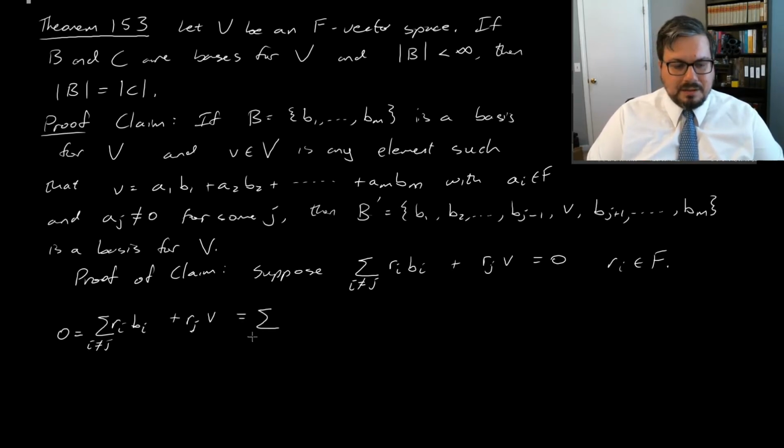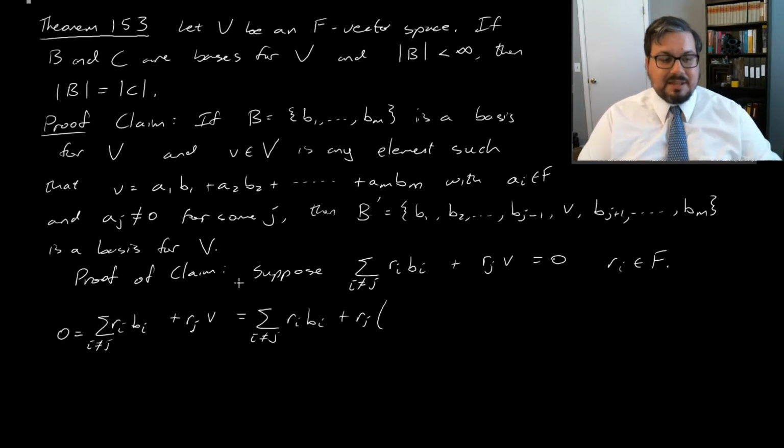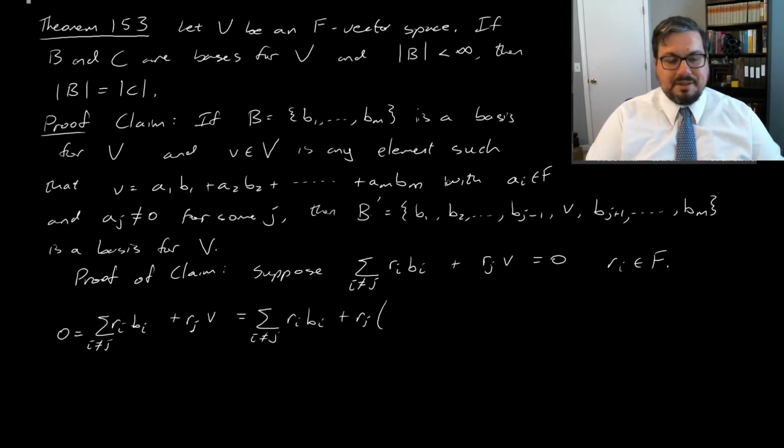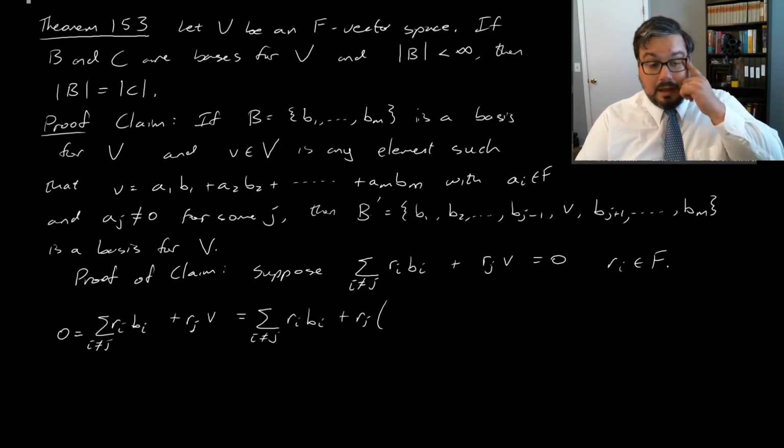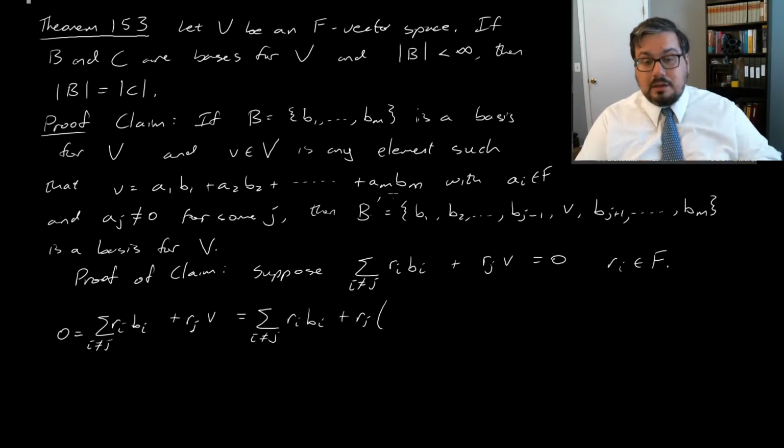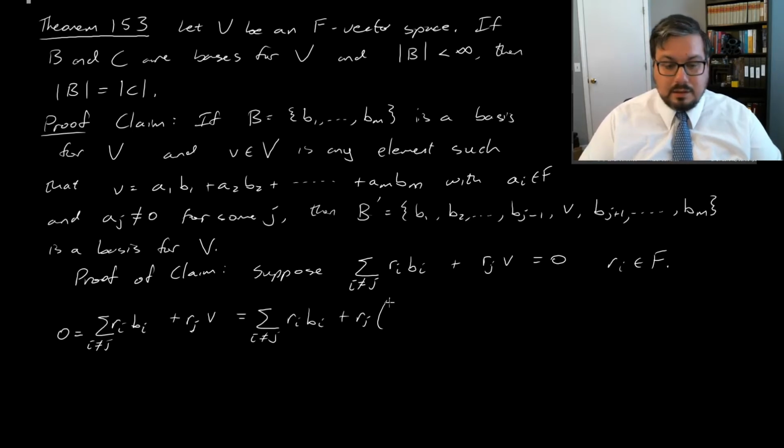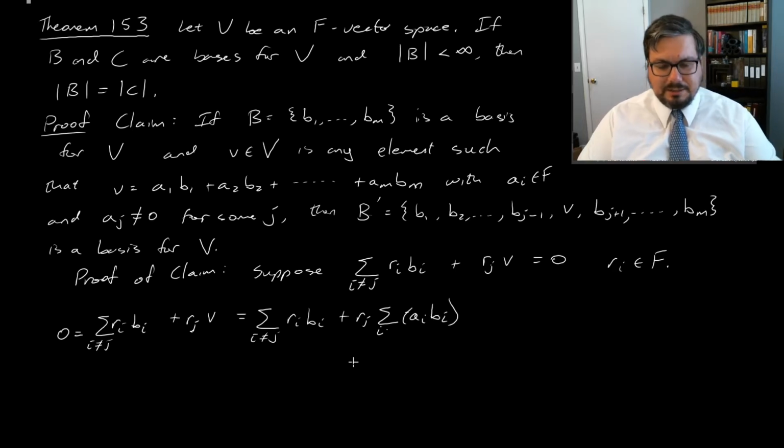Now, the point here is that we can replace V with something else. We have that V is equal to this sum here, the sum for all i of Ai times Bi.